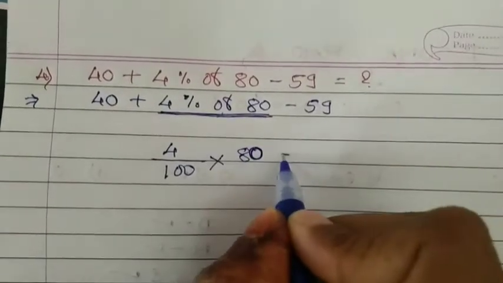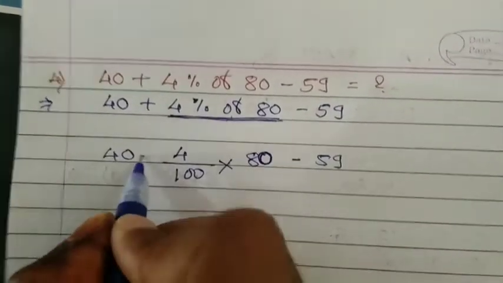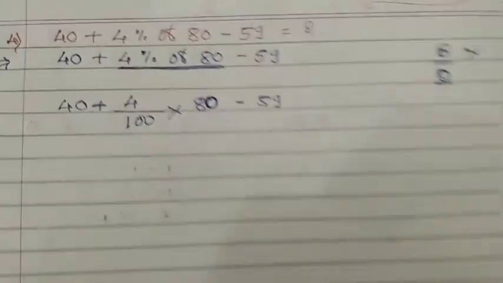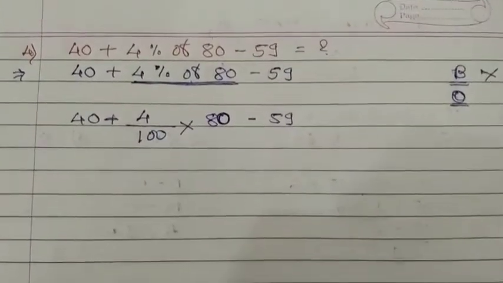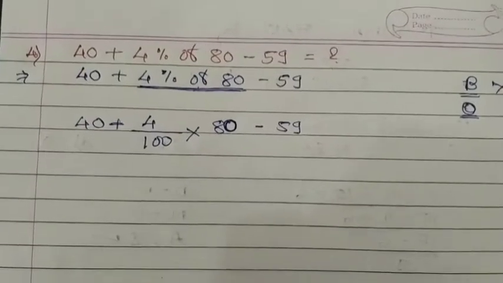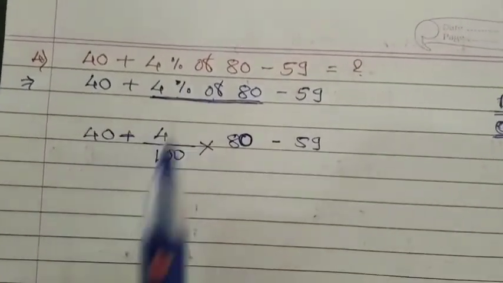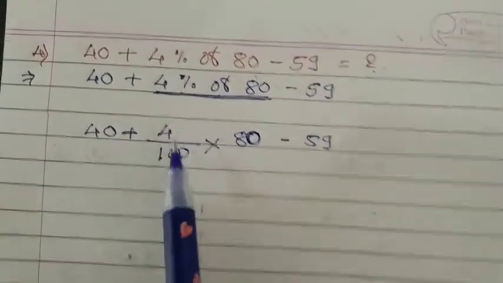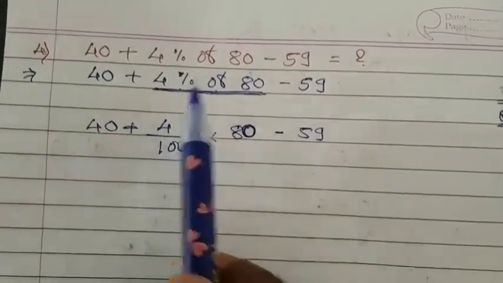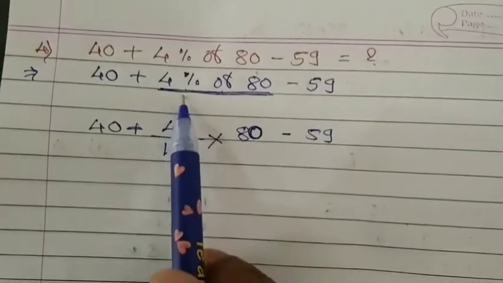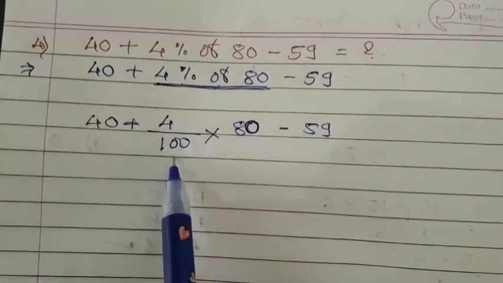80 as it is, minus 59 as it is, 40 plus. So firstly, is there a bracket? No. Then is there "of"? Yes, but the "of" is in percentage form. 4% of 80. 4% means 4 by 100.